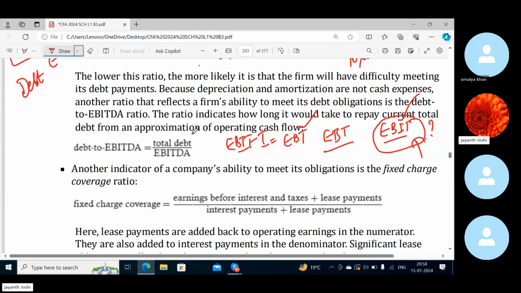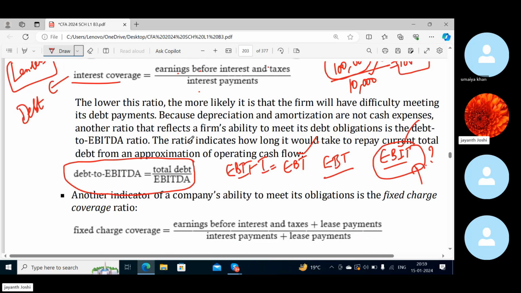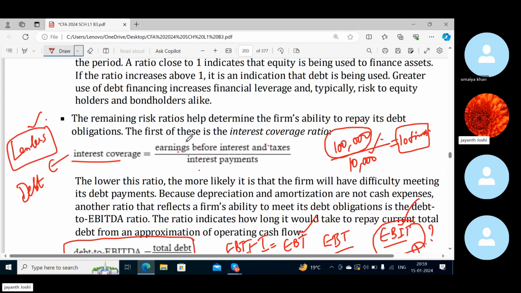Actually, according to me, this ratio is one of the most underrated ones, and it doesn't make sense why it has been used so little. So here, one more thing I would like to give you is the interpretation. The higher the ratio, the better the capacity of the company to make the fixed interest payments.